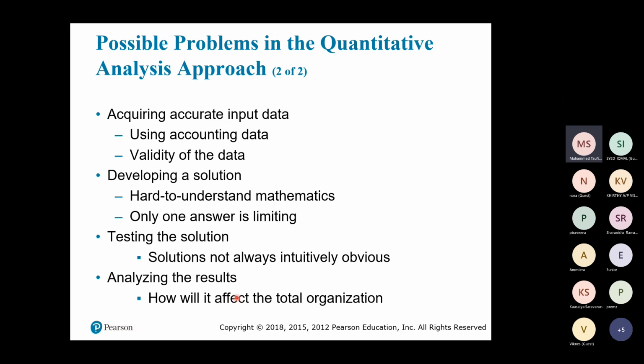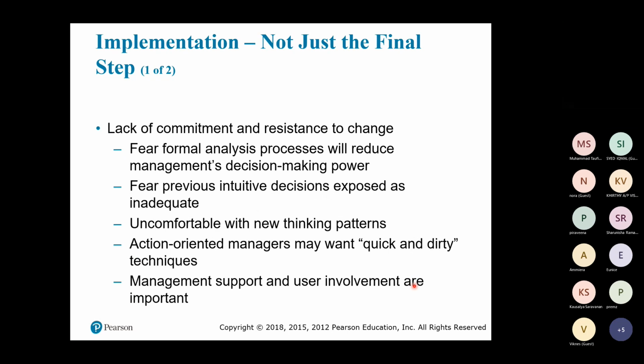So it will affect the process in the quantitative analysis method. These are some of the possible problems that can arise when you are using the quantitative analysis method to help you make decisions in business.